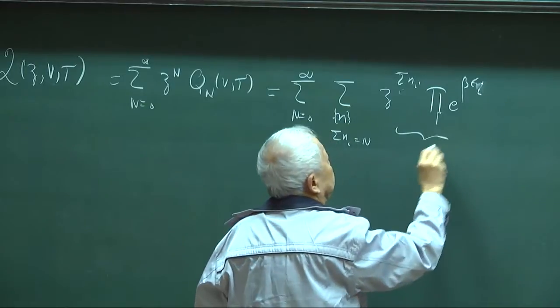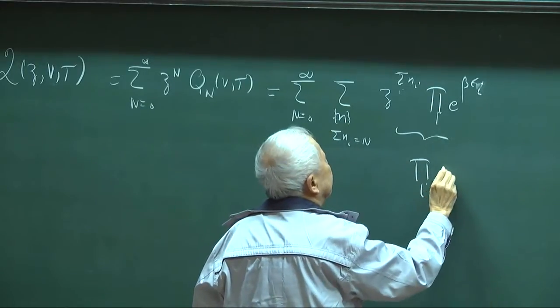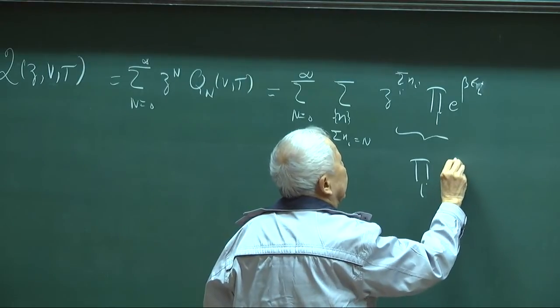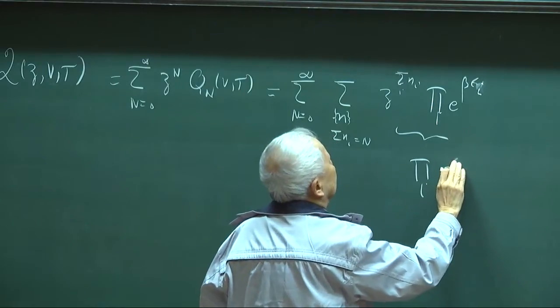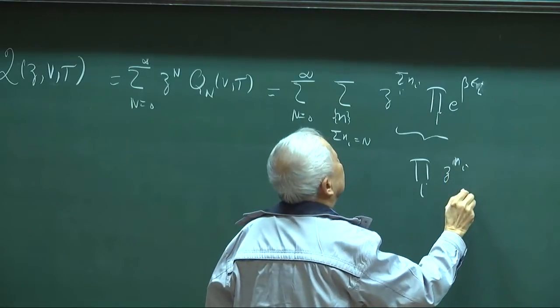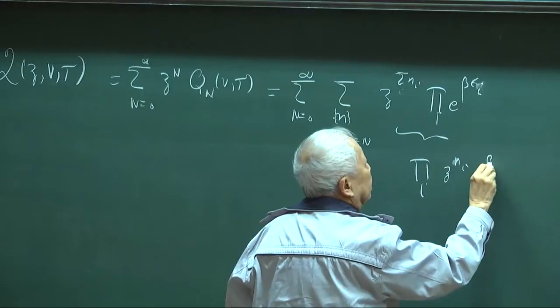Of course, this can be written as the product over i of z to the N_i times e to the minus beta epsilon_i N_i.